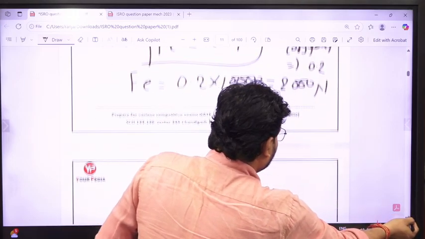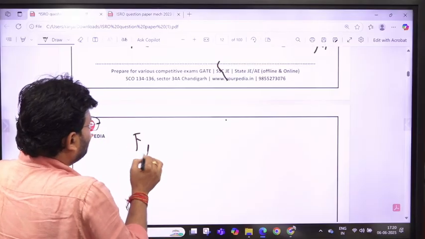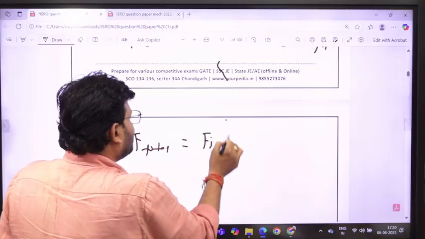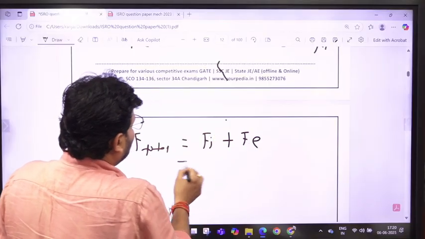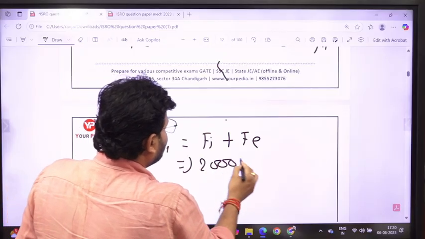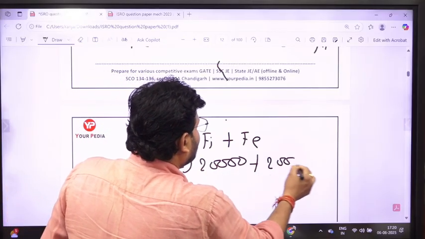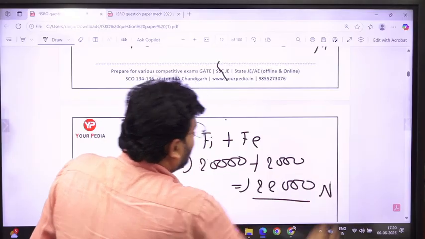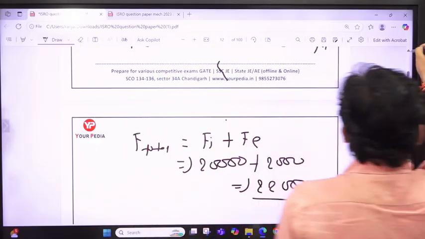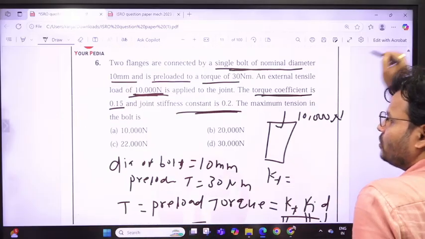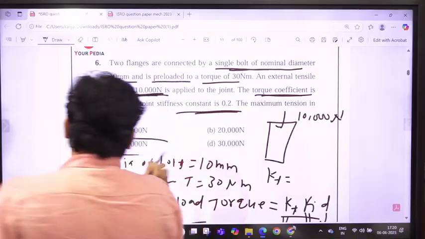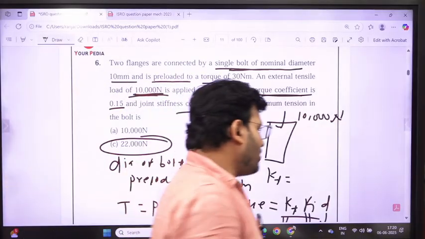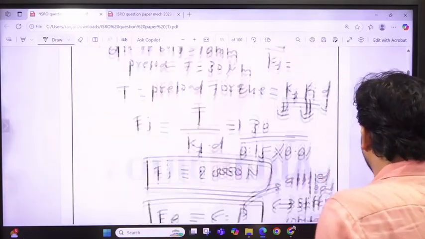Total force F total is equal to F of I plus F of E, which is 20,000 plus 2,000, equal to 22,000. 22,000 Newton is your answer. So C is the right answer.